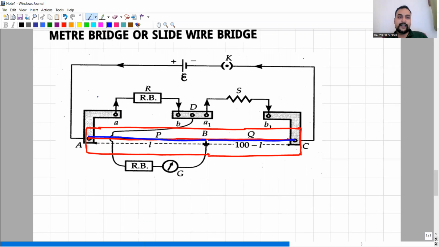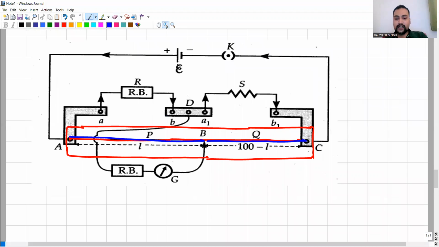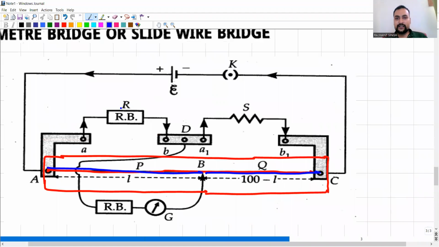And then, look very closely, you have two resistances here. One resistance is here, which is R, and there is a word written here, RB. RB means resistance box. A resistance box is basically a box, and you will see it in your lab again. There are many different resistance values that you can use in it, so you can change the value of the resistance. It's a kind of variable resistance.